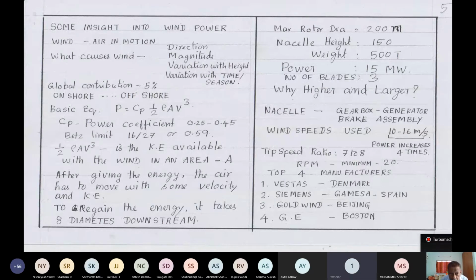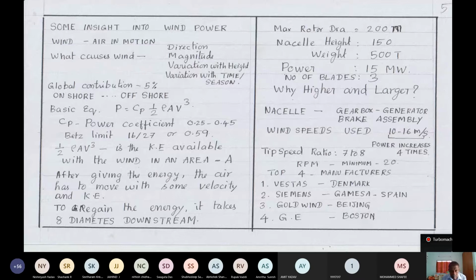So the power coefficient, the upper limit is 16/27. It's called the Betz limit. If you convert it into decimals, you get 0.59, around 0.6.